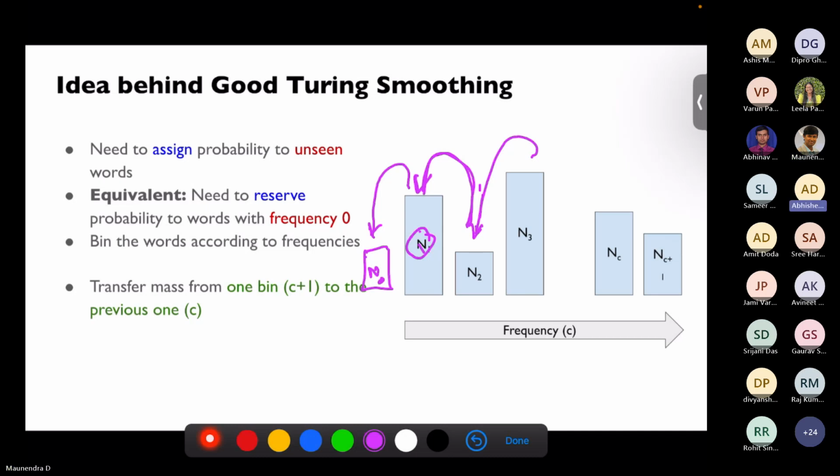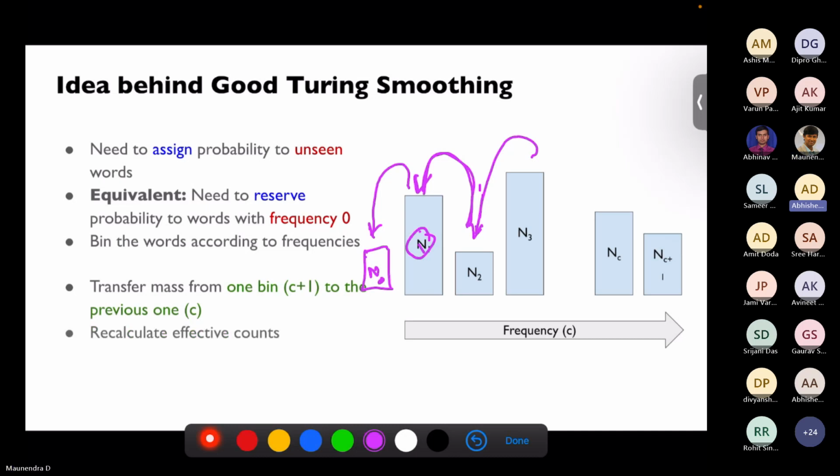Sorry, my question was the same thing here. Are we directly going to use it, or are we going to redistribute over n0? Because there is no n0, how do we redistribute it? Zero frequency word is not there, right? Earlier we were redistributing n2 to n1.